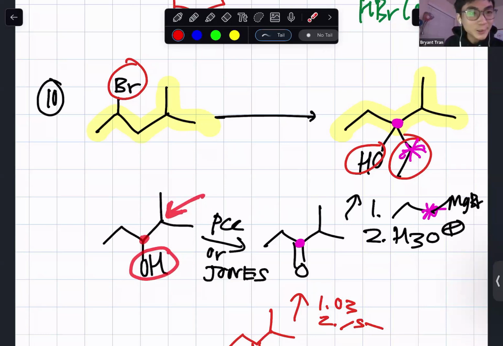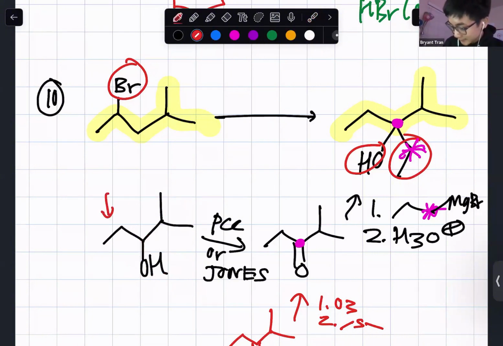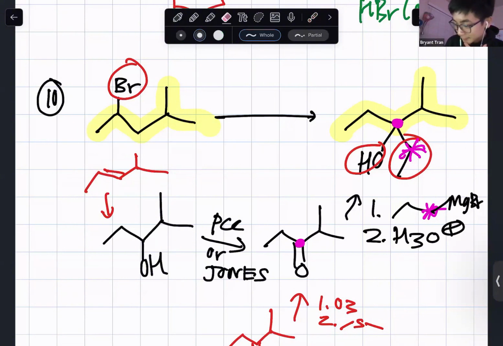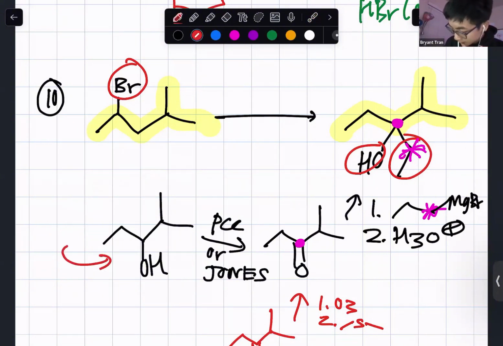What reaction adds alcohol to the less substituted carbon, the anti-Markovnikov carbon? Let's say there was an alkene right here. What reaction adds an alcohol? Oh wait, hold on. I just realized something. We can't go directly from this alkene because they're equally substituted, right? So we have to actually go from this alkene right here.